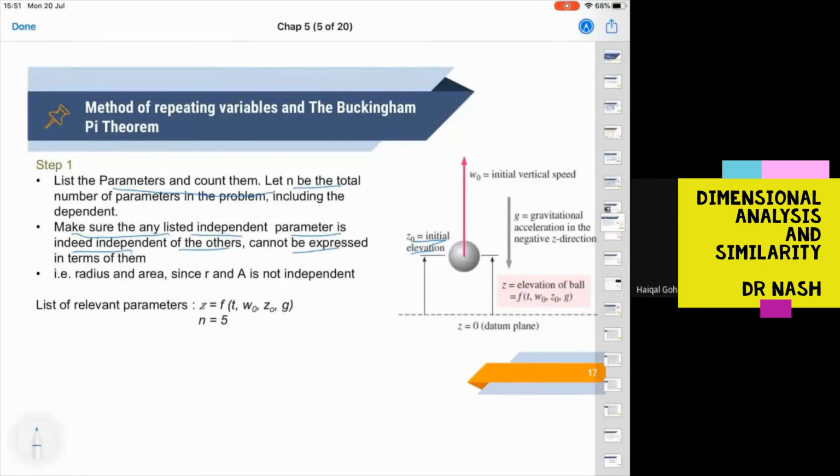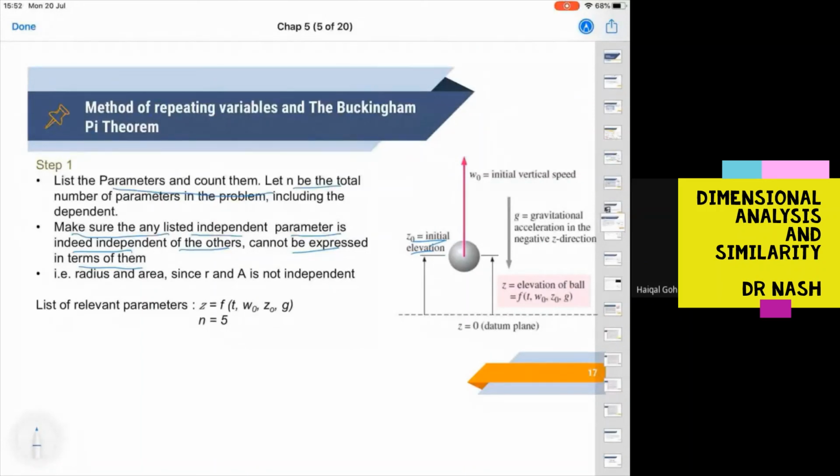For example, the radius of the ball, area of the ball is not independent, because it cannot be expressed in terms of the primary dimension directly. Otherwise we will have redundant things.